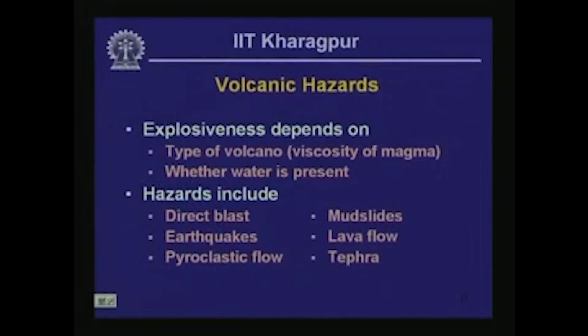And by volcanic hazard, what we are going to discuss here is the hazards that arise because of a volcanic eruption or the processes that originate because of volcanic eruption.